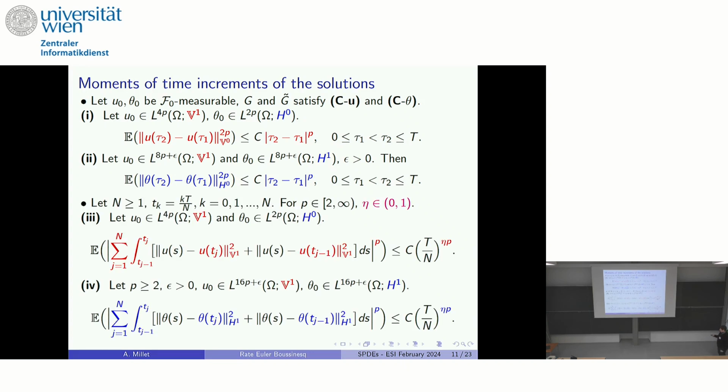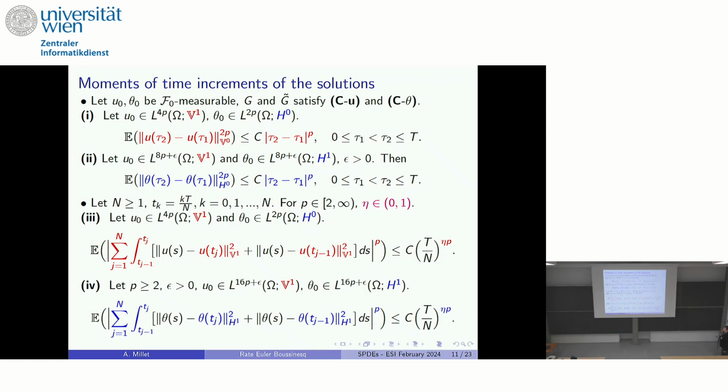So the second result we have is of course tailored for time approximation. We take a uniform time mesh T over capital N for some strictly positive N. Tk is going to be the k-th time point on the time grid. And we start again with U0 in V1 and theta 0 in H2.